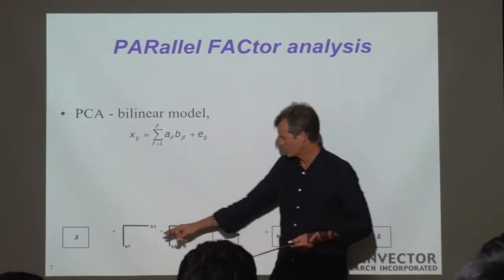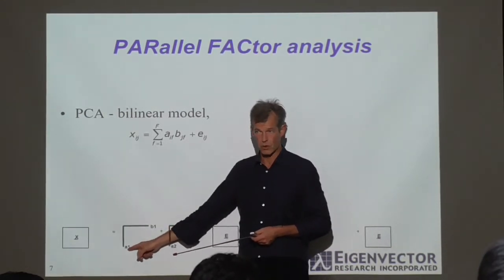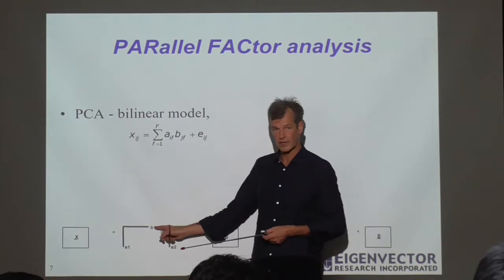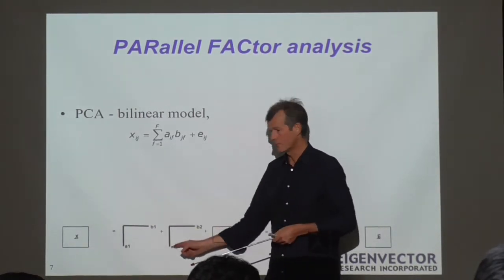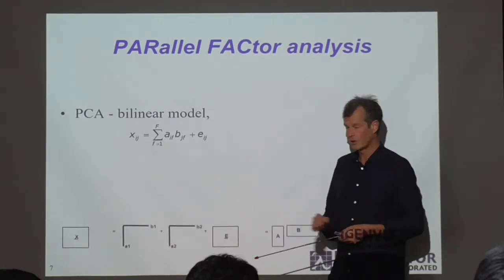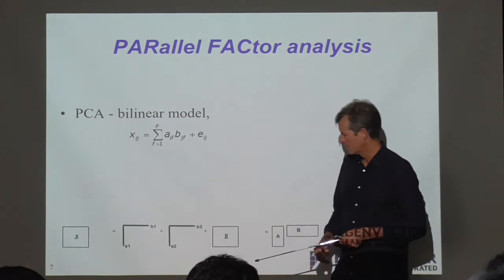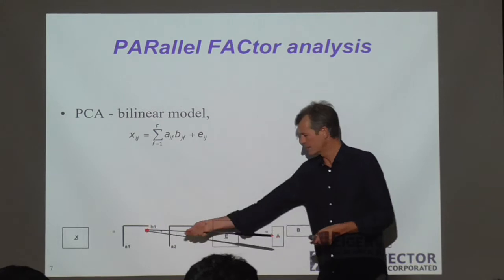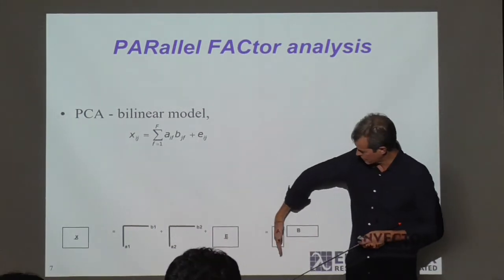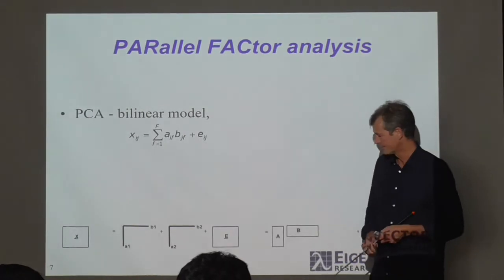And we use the terms here in multi-way analysis, A and B. So A would be score one, and B would be loading one from PCA. And here's a second component, and I can add more components if I want, but this is a two-component PCA model with score one, score two, loading one, loading two. And I can put them together. This is just linear algebra.